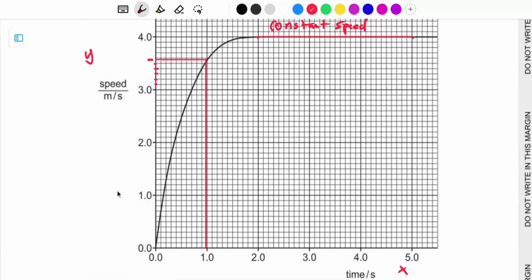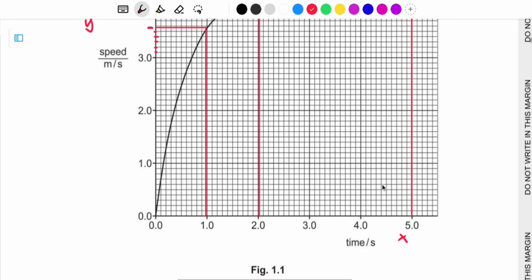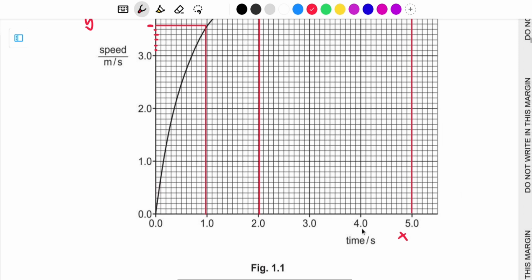So if I draw a straight line again up to 2 seconds, then another line up to 5 seconds. What shape is this? It is going to be a rectangle. If I also complete the down part here, it is a rectangle, isn't it?